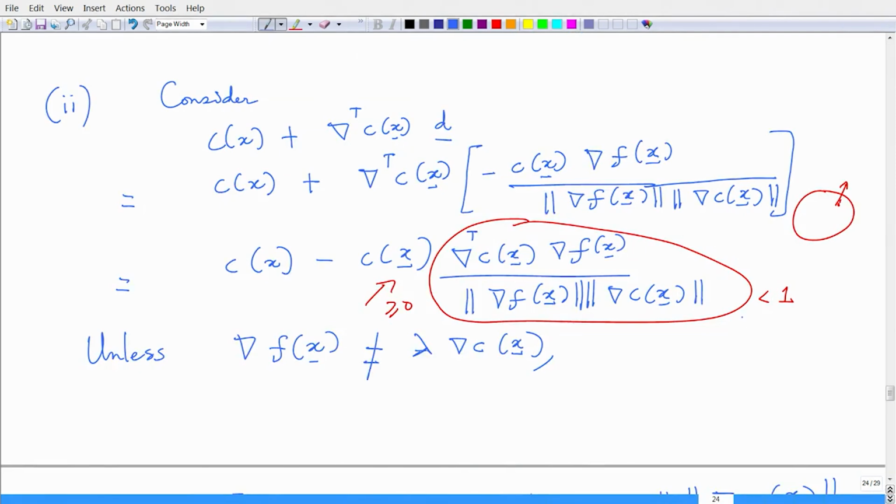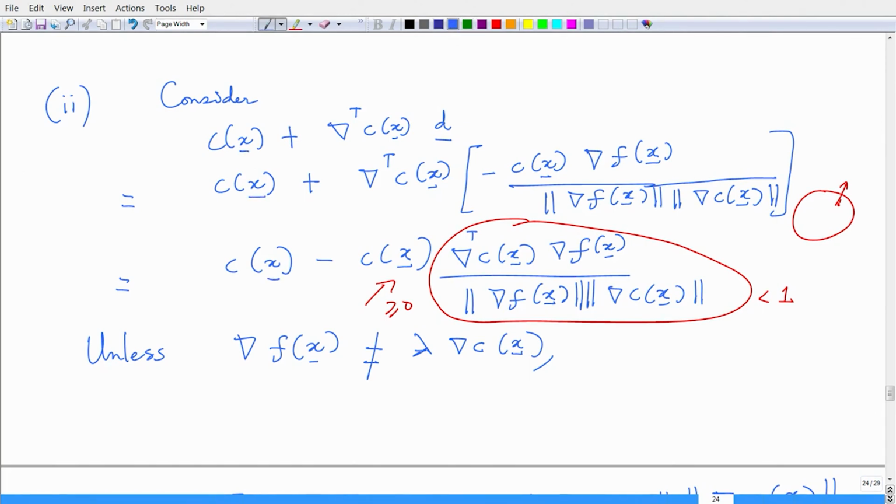Okay. Now, let us look into the second condition, which is C of x plus del C transpose D. Now, this is given by, so I need to have an underscore here because they are vectors.